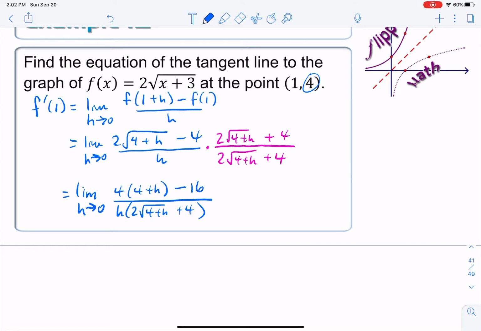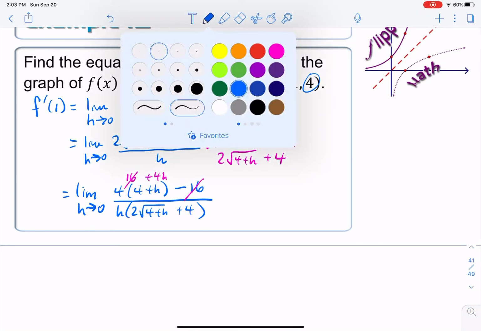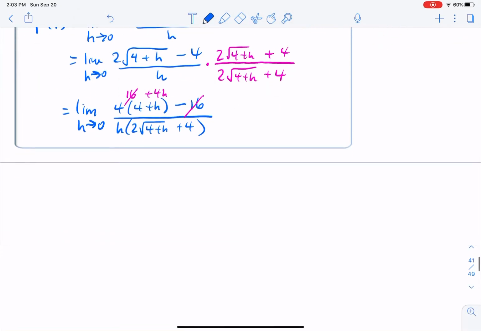We're almost there. Just got to distribute here. It's 4 times 4 is 16 plus a 4h. And look at that, our 16s cancel. All right, and let's rewrite before we can evaluate this limit. Across the top, the only thing that's left is a 4h, and on the bottom, an h times 2 square root 4 plus h plus 4.